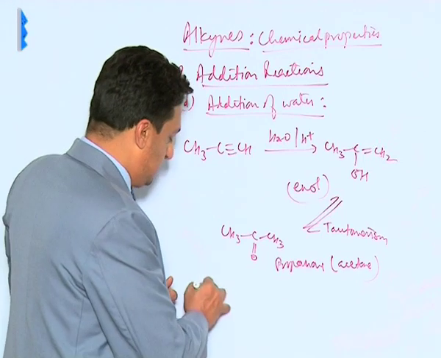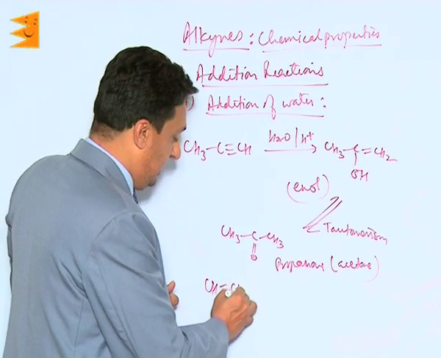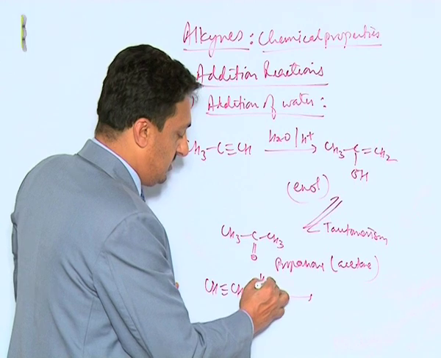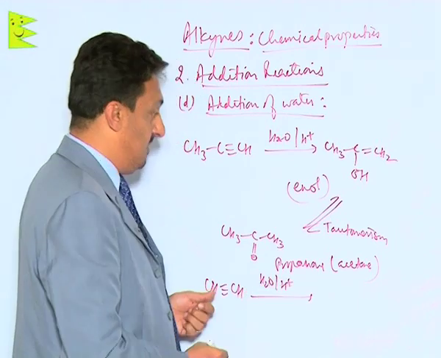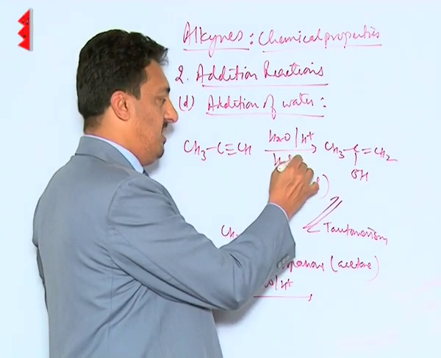We can take one more example. Suppose we have acetylene, and we add water to it in acidic medium. Remember, we do this addition in the presence of mercury sulfate.